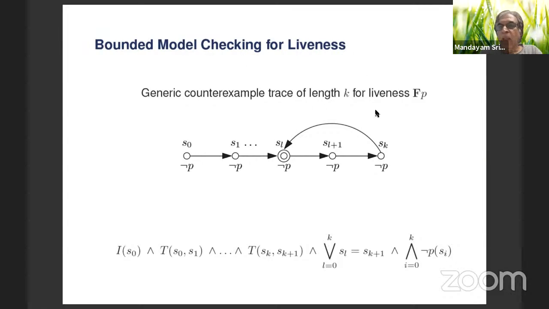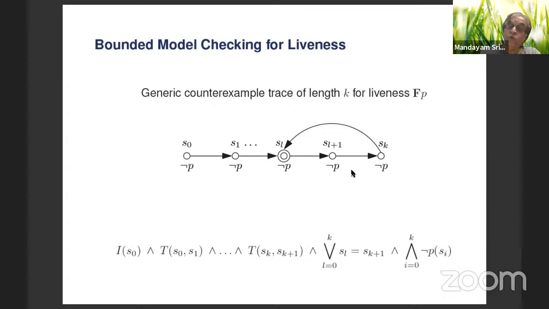Of course, I have shown you only for G P and F P. You can ask the question, how about arbitrary CTL operators or LTL? Of course, we have not even seen LTL model checking yet. We will see that. But you can ask, how about other operators when they are nested ones?